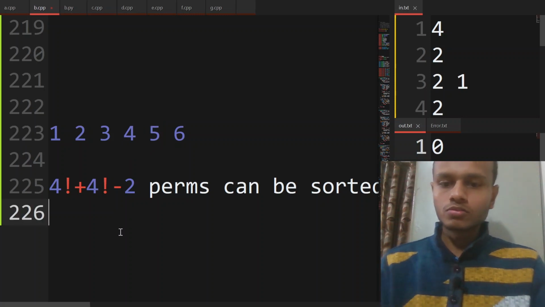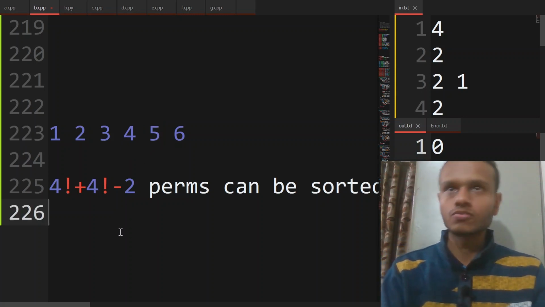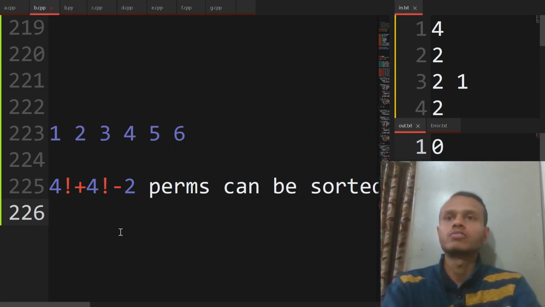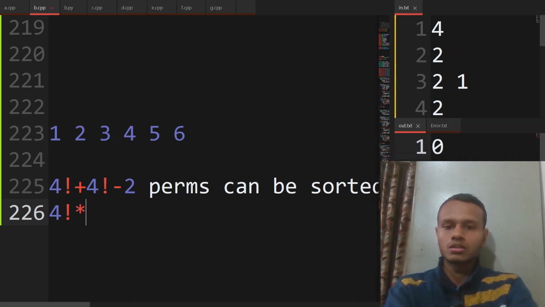Then the number of permutations in which 5 is present in the prefix could again be factorial 4, but the missing element can be either of the 4 elements.